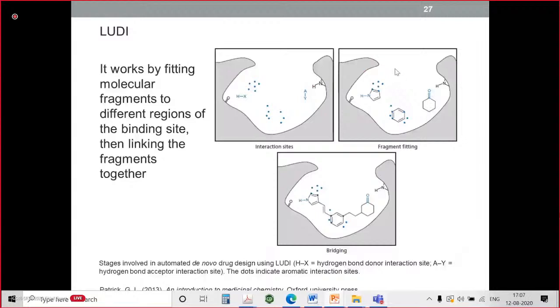Okay, so this is initially identified by fitting the fragments using the molecular docking studies. So one and another things are being connected together in the fragment-based drug design approach. And later on, those are being bridged at the final stage with the appropriate linker. So this is called as a linking approach.